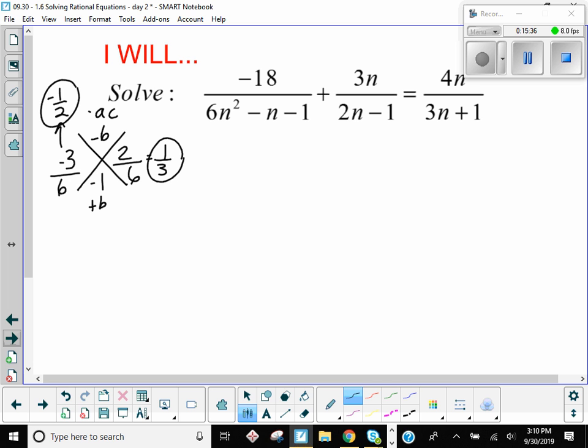What we've been doing from this step is writing our factors like this: n minus 1/2, n plus 1/3. Oh, it's supposed to be n's, I'm sorry, but you get the point. I left it in this form because we were solving all this time, and that's a perfect form for solving because you just do inside-out.